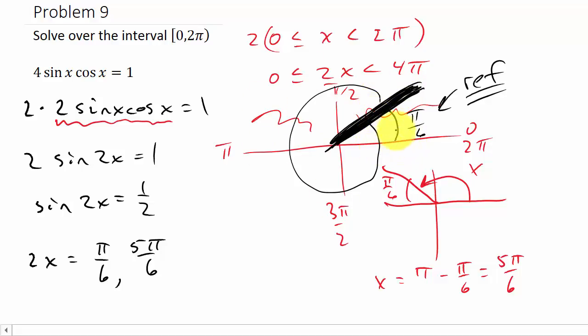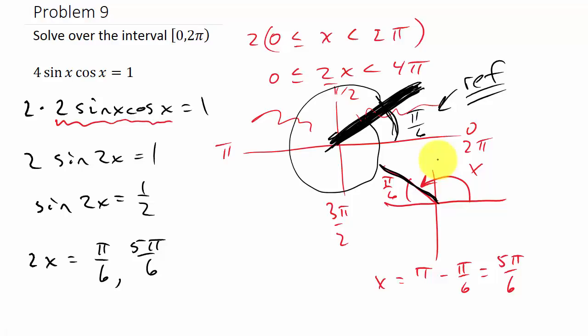So I went around once and I'm back to here. Now I need to go around again. So there's a solution: it's going to be this angle plus 360, which in this case is 2 pi.